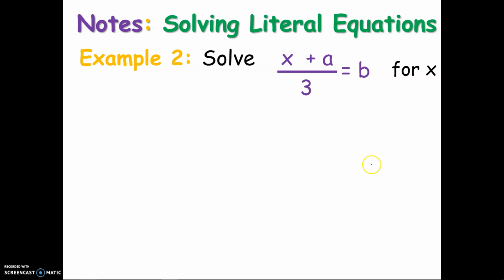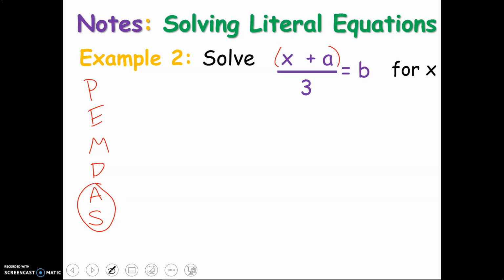Now note, in this case, x plus a is being divided by 3, meaning x plus a is grouped, meaning it essentially behaves as parentheses. So yes, while we do have addition, that addition is trapped inside parentheses. So when reversing our order of operations, we will not begin with addition and subtraction.